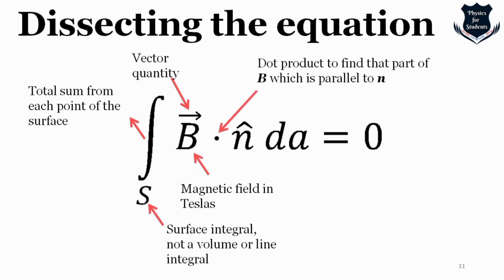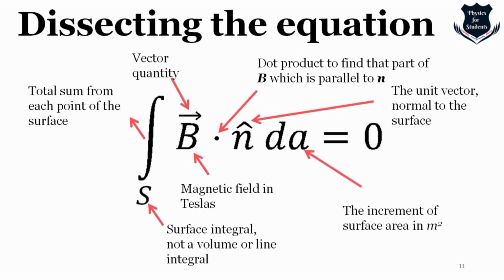Okay, so this is the dot product, which we have already dealt with earlier. The dot product finds that part of B which is parallel to n. The hat over the n denotes the unit vector normal to the surface, which means its magnitude is 1. dA is the increment in the surface area, in square meters, and d is what we are differentiating.